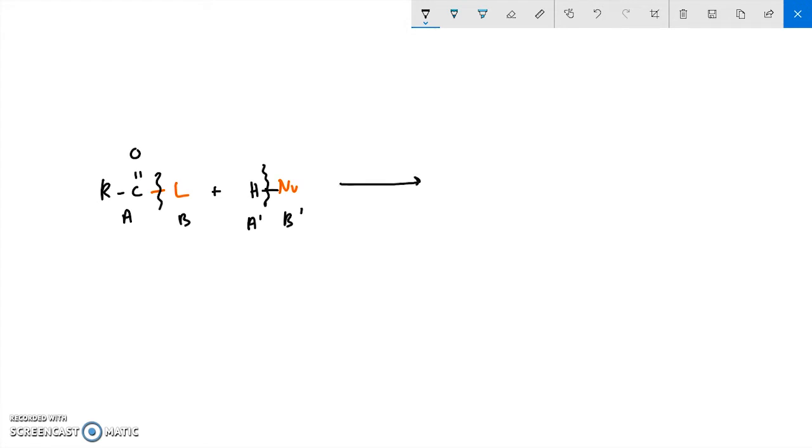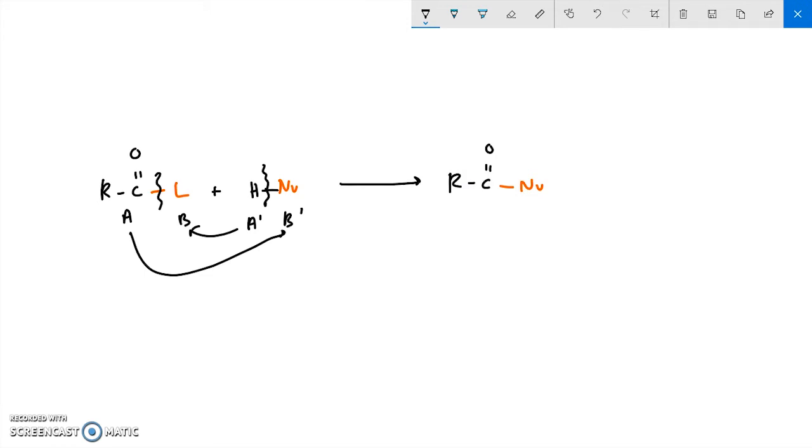So we're going to do the substitution between the partners. The A will combine with the B prime, while the A prime will combine with the B. If we rewrite the structure, it looks like this: RC double bond O attached to the nucleophile.